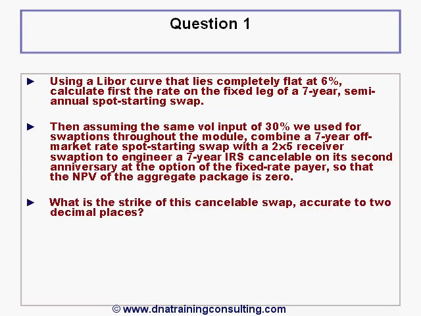What is the strike of this cancelable swap accurate to 2 decimal places?